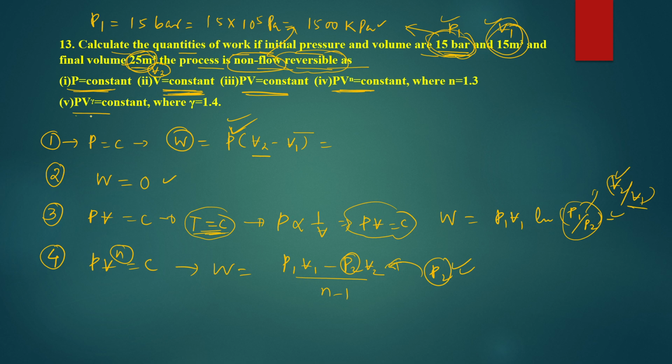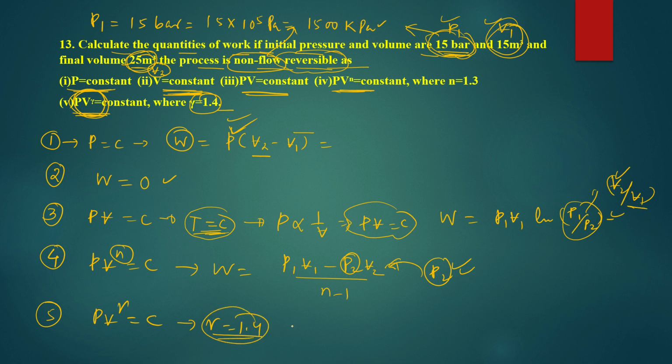And the fifth one, where PV raised to the power gamma is equal to constant. Here the gamma value is also given, 1.4.